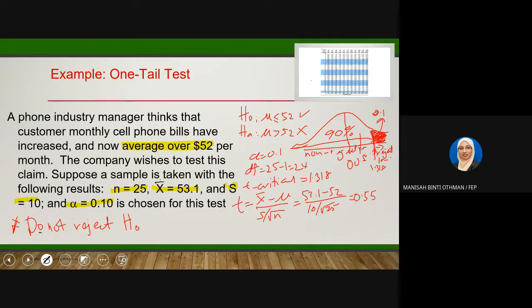The alternative hypothesis is that the claim is average over 52, but based on your sample, you don't have evidence to prove that the average bill is now over 52.